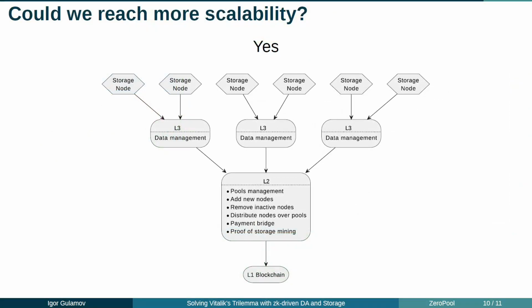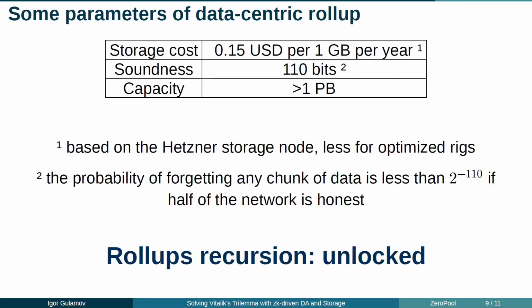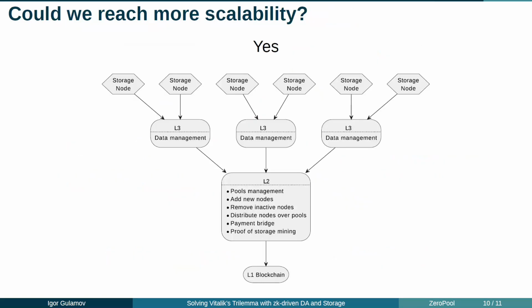We have modeled this whole situation, and we have a strict proof that this soundness estimation is valid for an asymptotically infinitely scalable system with such architecture. How can it be reached?